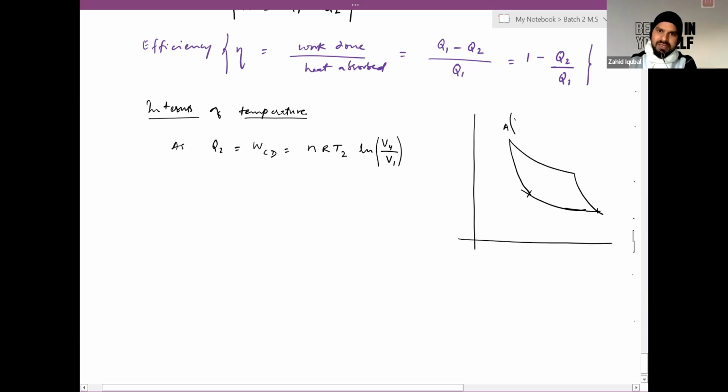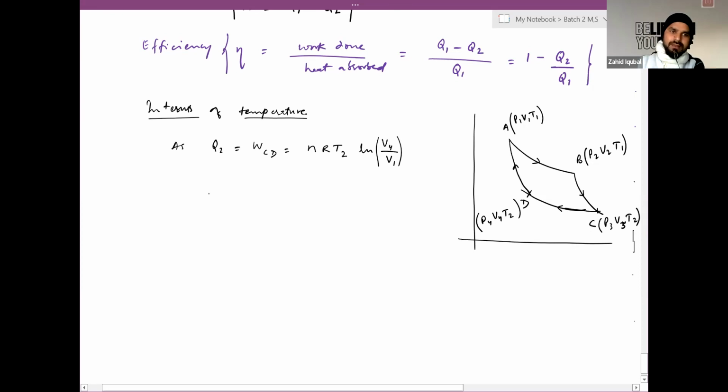Initially at this point we have P1, V1 and temperature T1, then B with P2, V2, temperature T1 in isothermal expansion, then point C with P3, V3 and temperature T2 in adiabatic expansion, then at point D, P4, V4 and temperature T2 in isothermal compression, and then return back by adiabatic compression to A. So work done along C to D will be nRT2 times the log of final volume divided by initial volume, so V4 divided by V3.